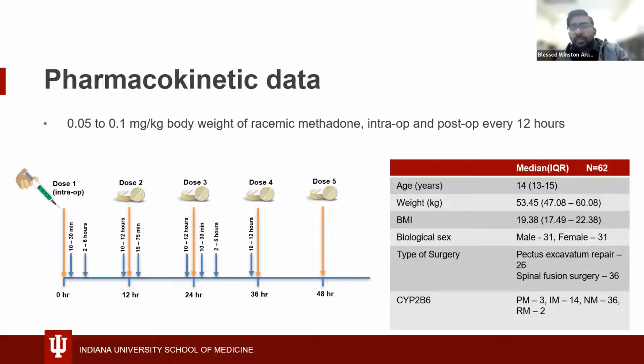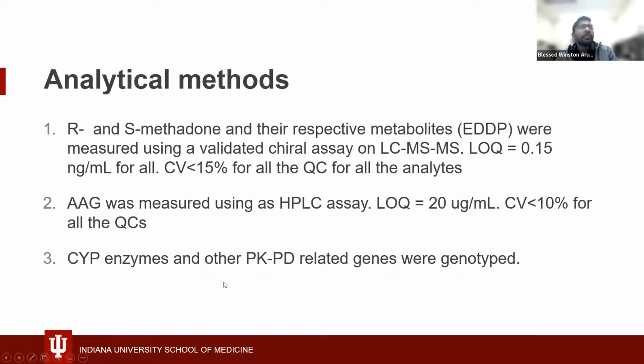And these were the CYP2B6 genotypes based on the population. So there were 3 poor metabolizers and 2 CYP3A4 star 22, which we classified as rapid metabolizers. We measured R and S methadone using a chiral assay.